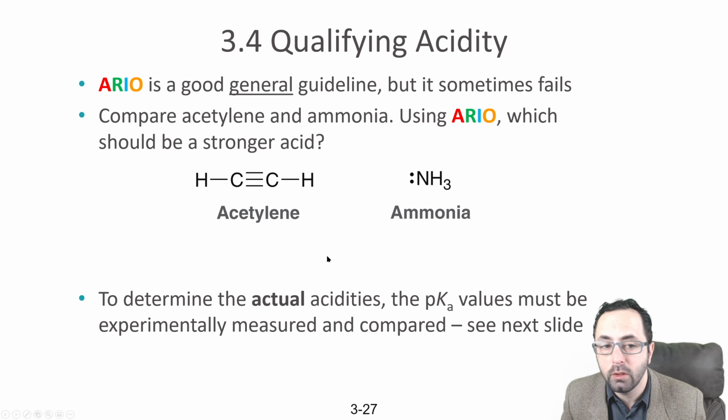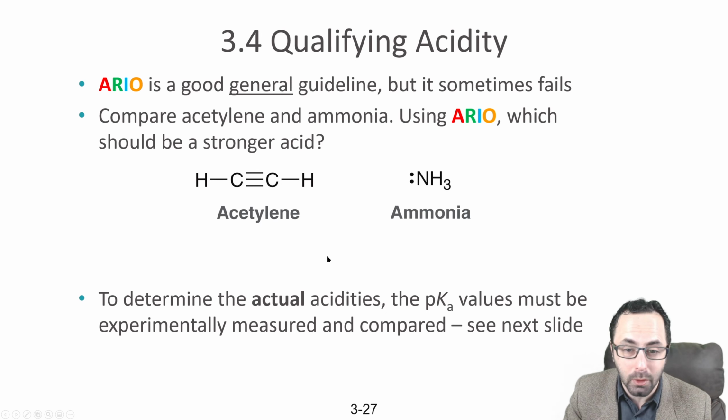Now, it's important to realize that REO is a useful rule of thumb, but it's not foolproof. If you really want to know how stable an ion is, that involves either an experiment in which you observe the relative stabilities by looking at the equilibrium in a reaction and how much product there is relative to reactant.